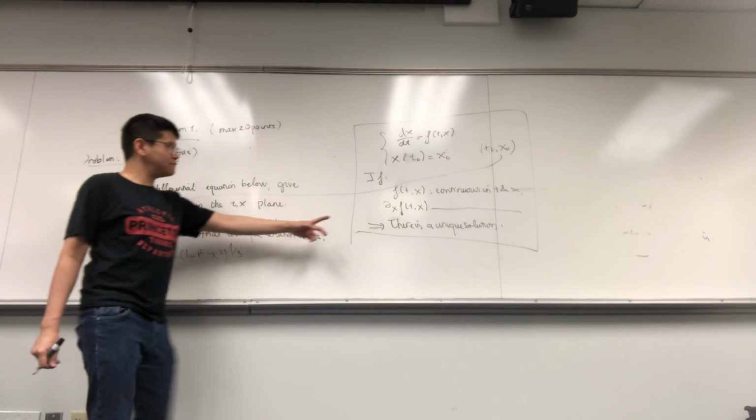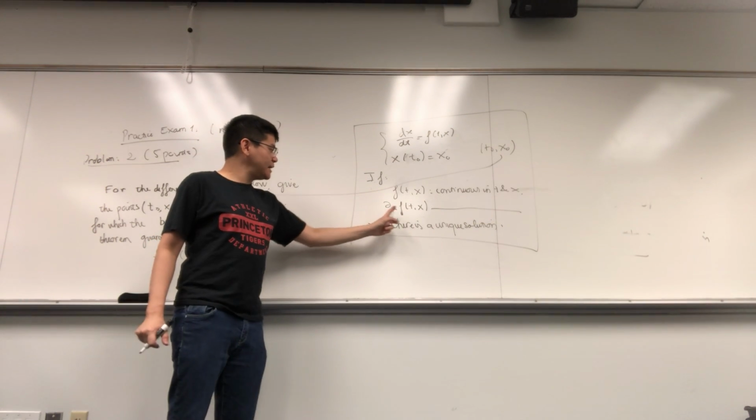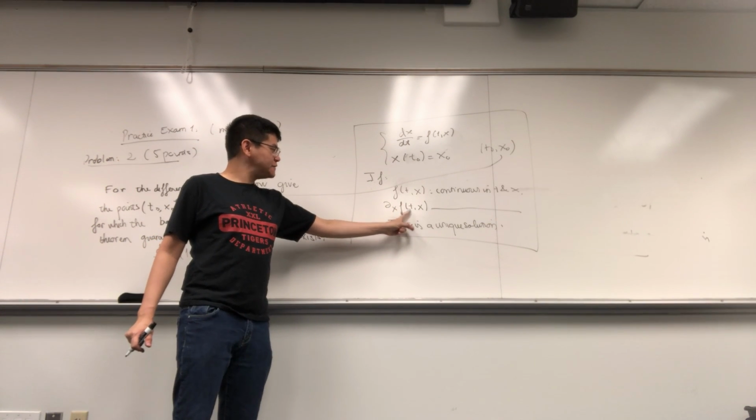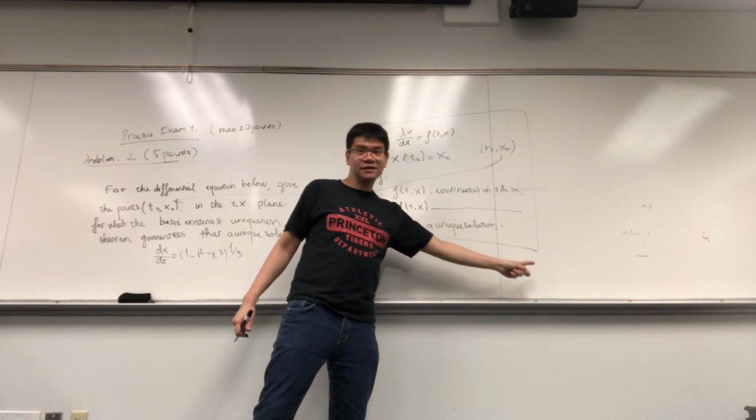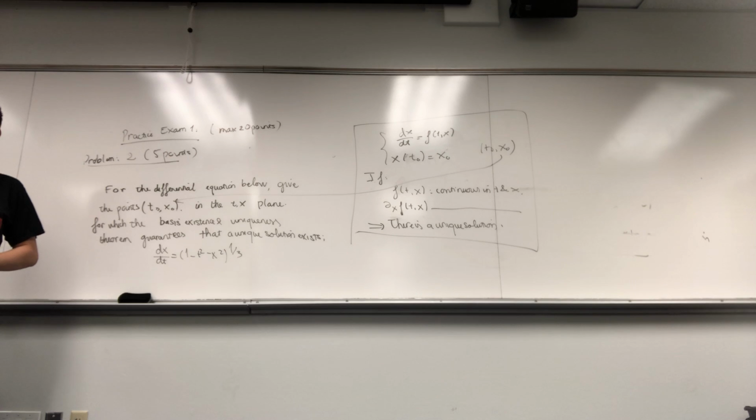So suppose that f(t, x) is continuous in t and x, and the partial derivative of f with respect to x is also continuous in t and x. Then there's a unique solution, and in this case we have to find t0 and x0 so that we can apply this theorem, right? So the first step is what?